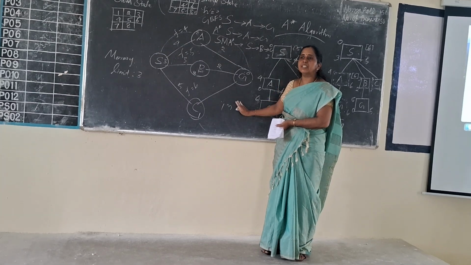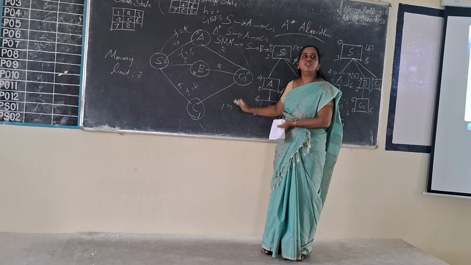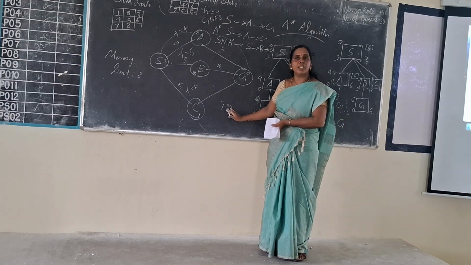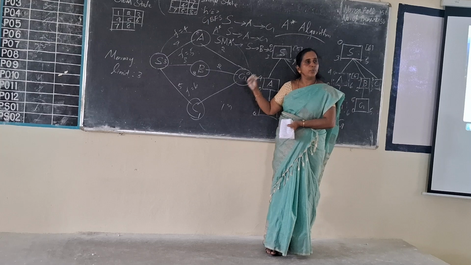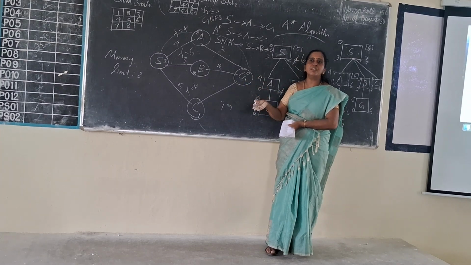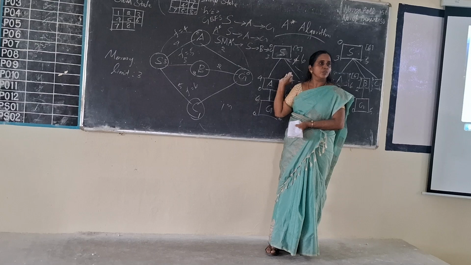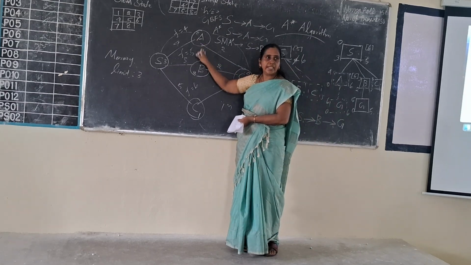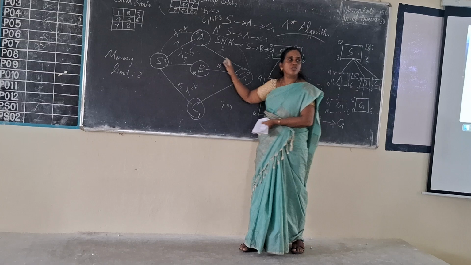So if you set the memory limit as 3, only then will you get the solution. Or if you set the memory limit as 5, you can get the solution. But if you set the memory limit as 2, it cannot reach our goal state. It will stop up to this. We cannot process more levels.